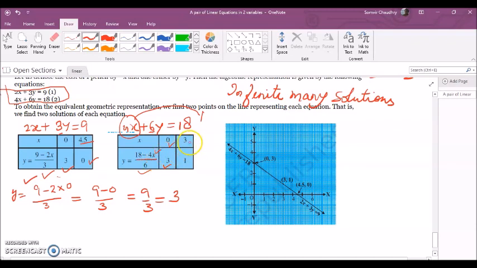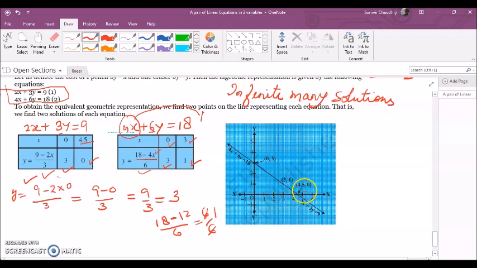If you put x is equal to 3 here, 4 into 3 is 12, means here 18 minus 12 upon 6. That gives you 6 by 6, gives you 1. You will get 1. When you represent these points in the graph, this is your x-axis, this is your y-axis.